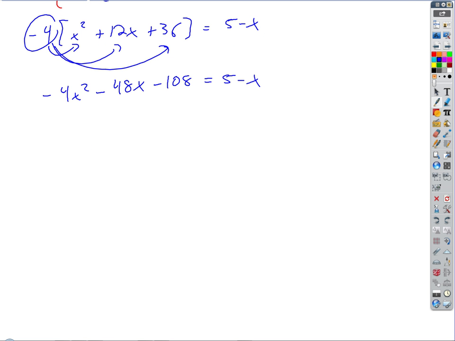Okay, so let's push everything to the left, so I'm going to subtract 5 from both sides and add x to both sides. And then we get 0 on the right.